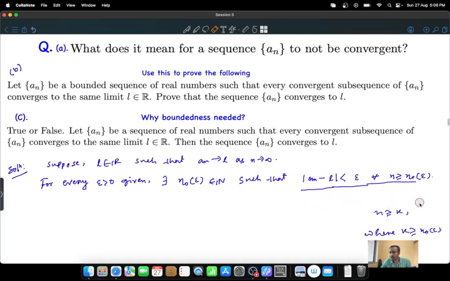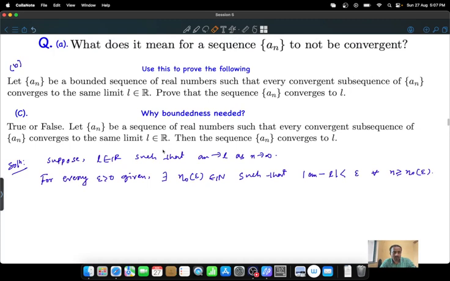Now let's see what is the negation of this statement. Suppose I want to say that the sequence does not converge to L, then what would it be? So suppose a_n does not converge to L as n tends to infinity.